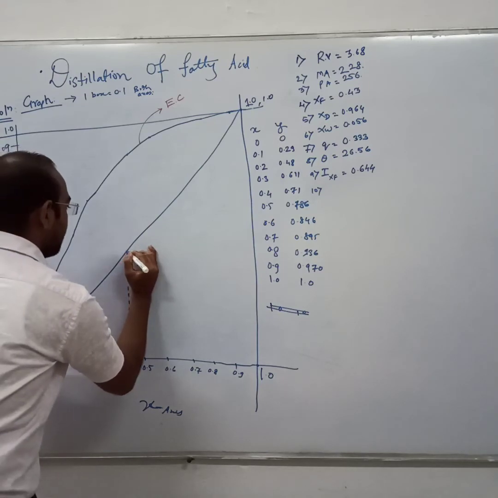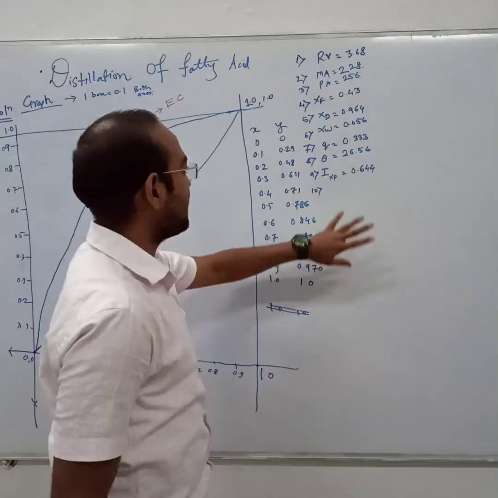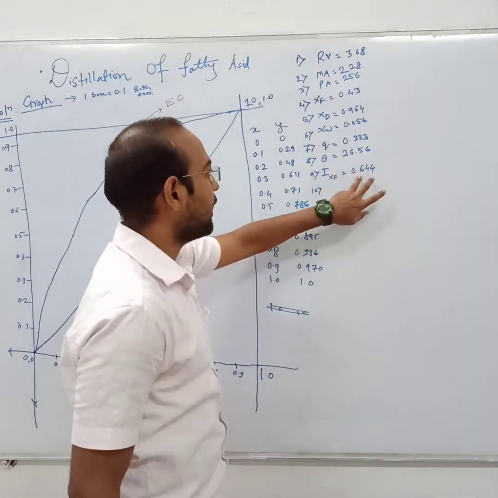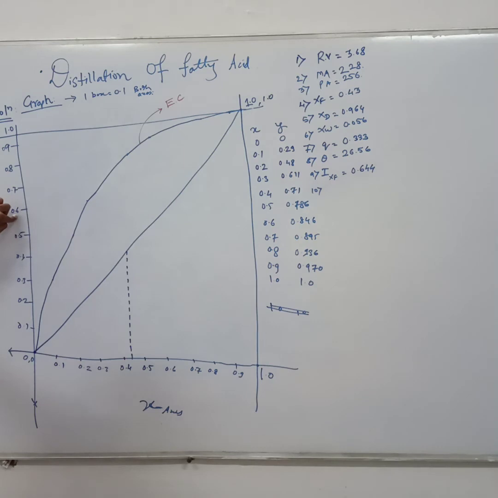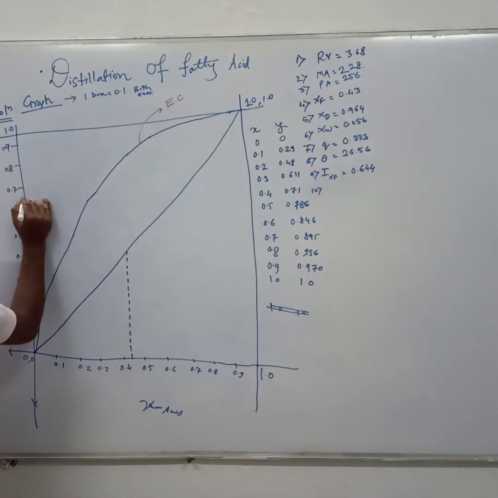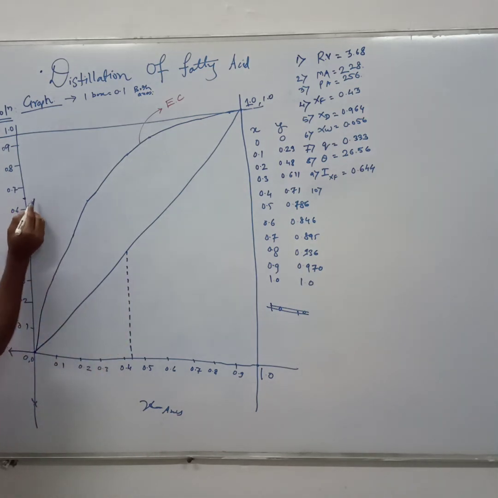So this is our XF 0.43, and the intercept of our XF, that is capital I, is 0.644 on the y-axis, which is quite near to 0.65. So I guess somewhat here is the intercept, and we just join these two points.